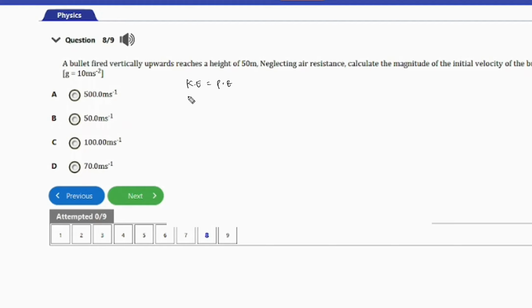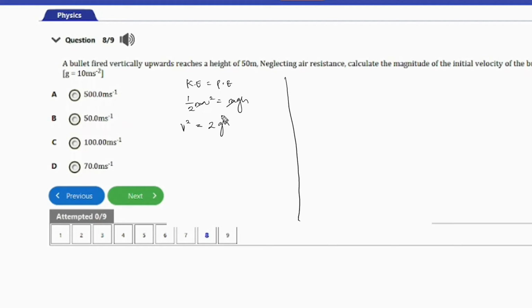We go ahead and solve for the velocity by, first of all, eliminating the mass, which is common between the two. So we cancel out the mass here, and then to find velocity, we make velocity the subject of this equation, where v squared is equal to 2gh.